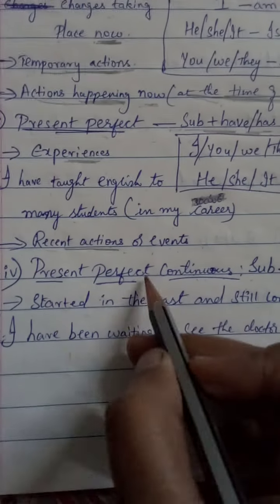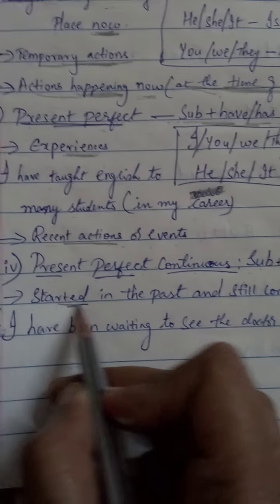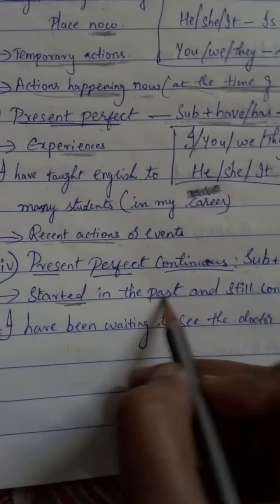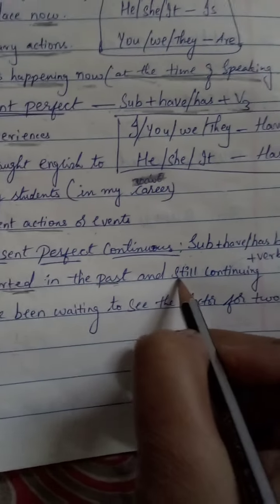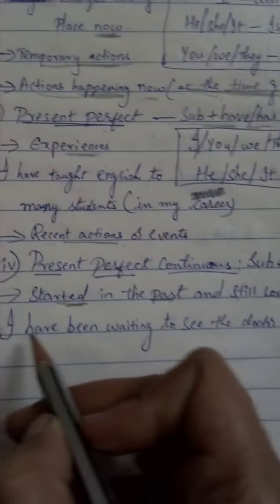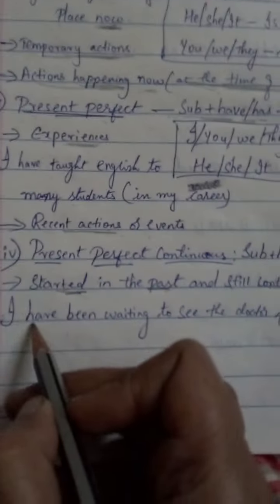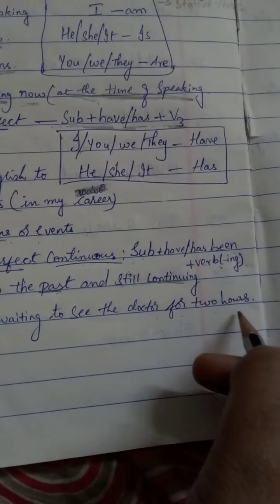We use present perfect continuous tense for actions started in the past and still continuing. Example: I have been waiting to see the doctor for 2 hours.